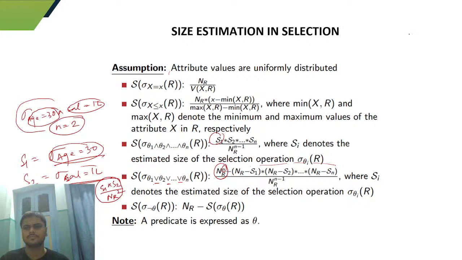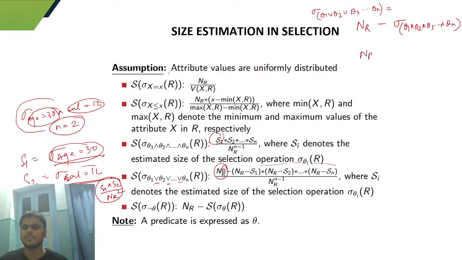So it is the number of tuples minus the... think of it like this: theta 1 and theta 2 and theta 3 and theta n. So this is nothing but the size of theta 1 or theta 2 or theta 3 or theta n. Why is this so?